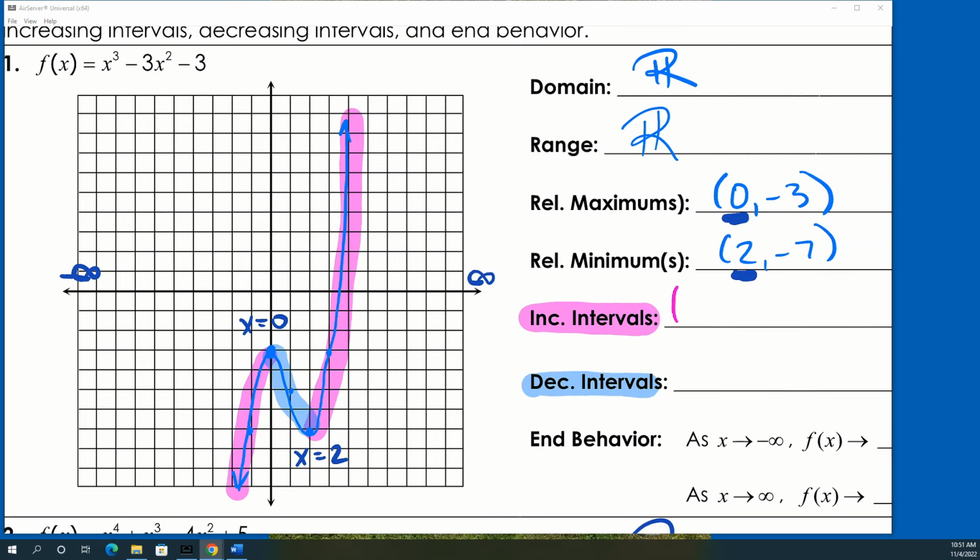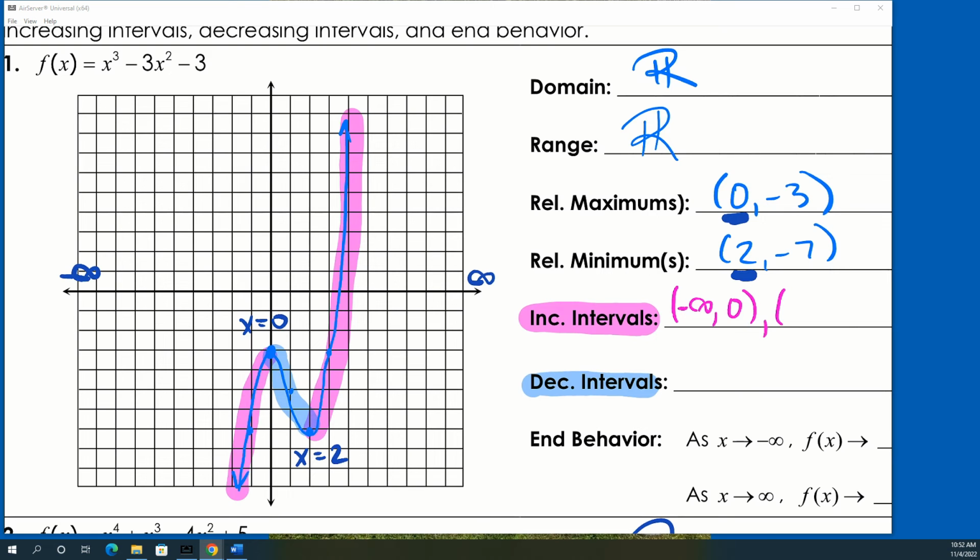Okay, so we always start with the smallest number on the left. So what do you guys think the smallest number should be for this first one? It's going to be one of these numbers. What do y'all think? Negative infinity. Good. All right, and we're increasing all the way until we get to where x is 0, and then it switches.